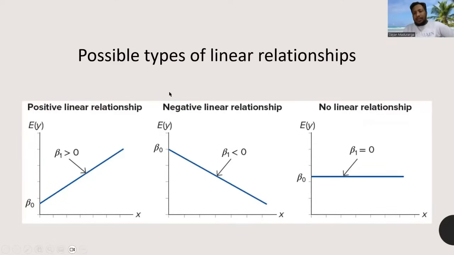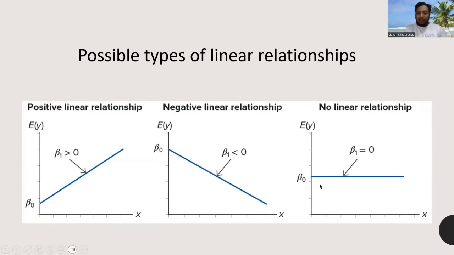Basically we can identify three types of straight lines: ascending, descending, and one which has no ascending or descending. In the equation, when it's ascending, the gradient beta 1 is positive. When the line is descending, the gradient beta 1 is negative.